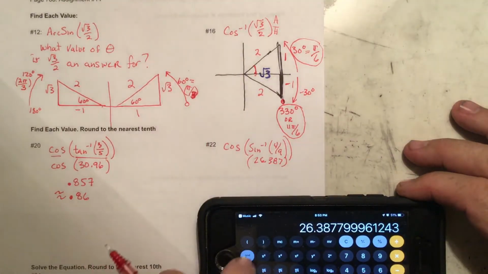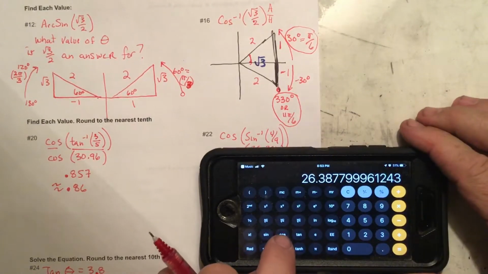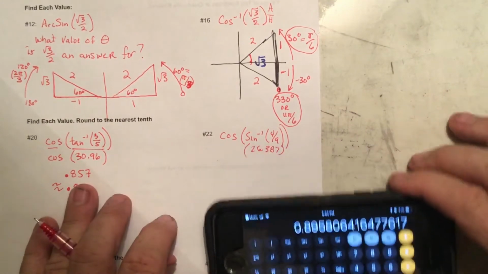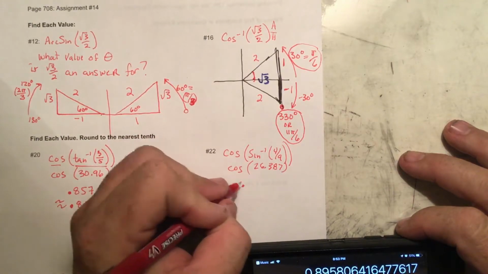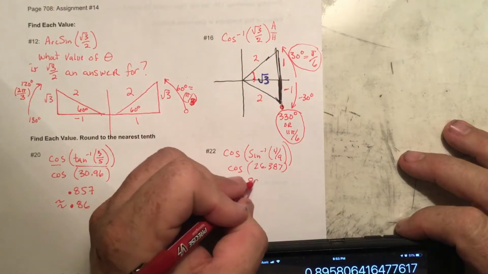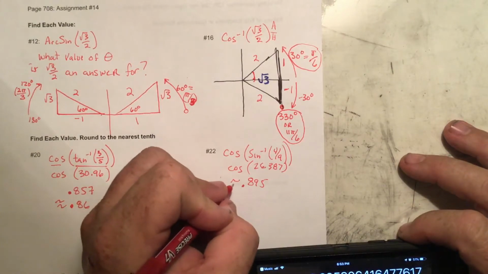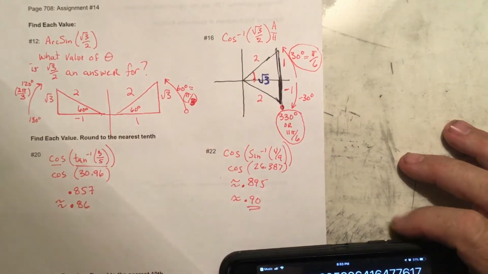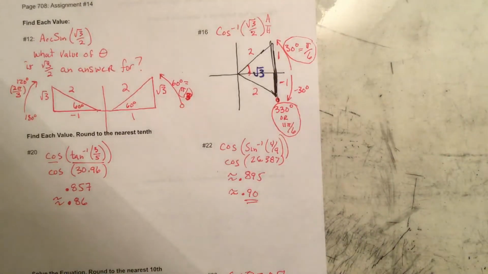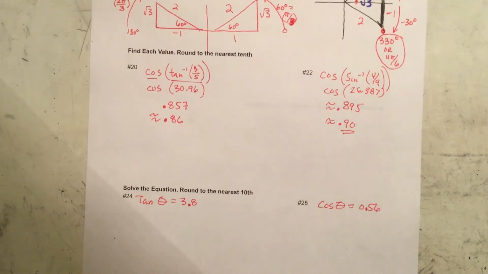Then I'm going to take the cosine of that. I'm going to hit the cosine button on my calculator. And this is going to equal 0.895. And that's going to round to 0.90 because they want it to the nearest tenth. So, again, these are just calculator problems. So just get used to plugging them into your calculator.